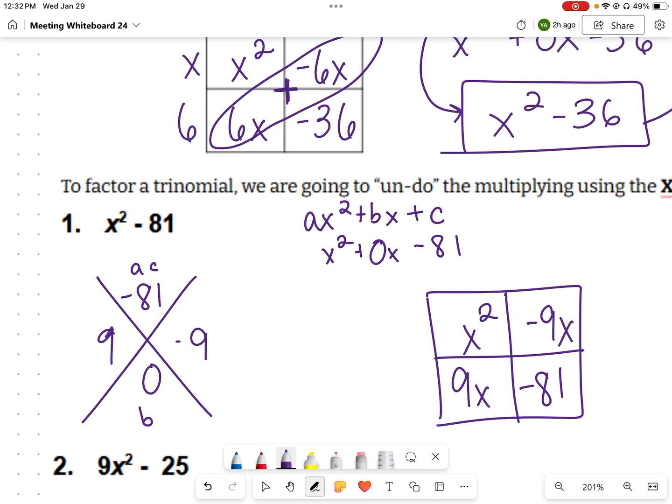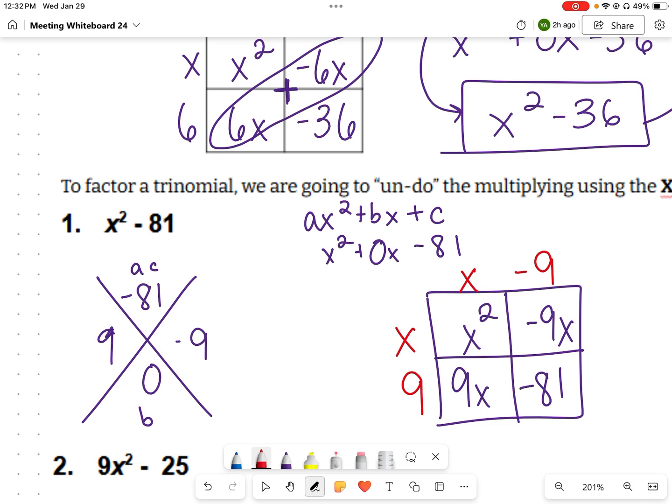The only way to get x squared is if the first terms were x. X times x is x squared. And then I'll look and see x times what gives us negative 9x. Negative 9, because negative 9 times x is negative 9x. And then my last term, what times x gives us 9x?